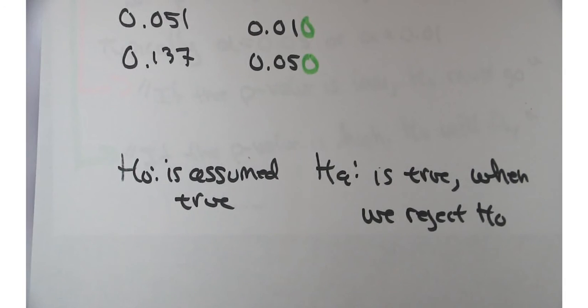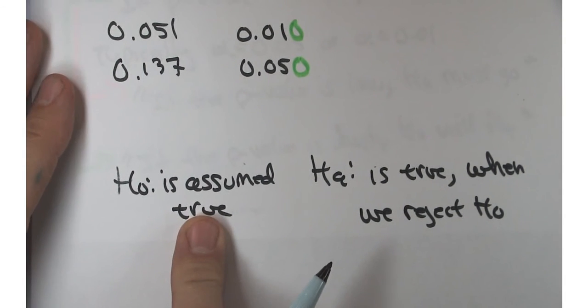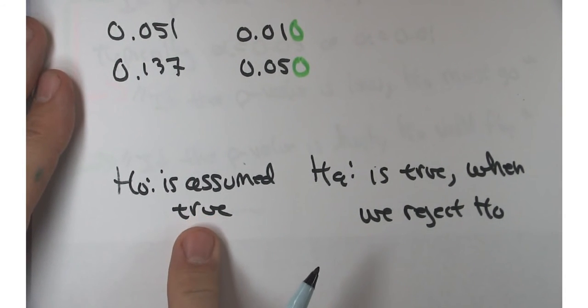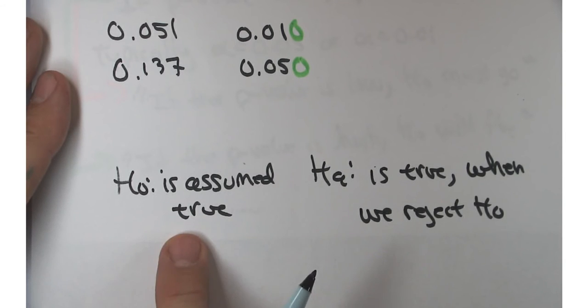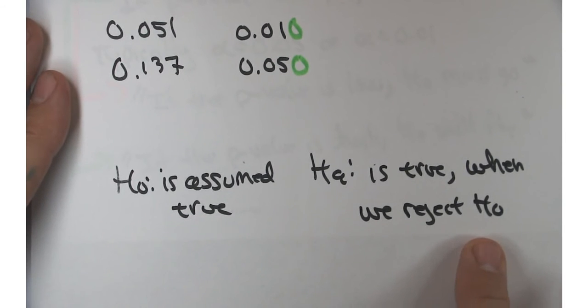So the fact that you can't reject H naught doesn't mean that it's true, any more than coming out of a jury trial proves you're innocent. No, you just weren't found guilty. It's not saying you were guilty, you just weren't found guilty. So here it's assumed true until proved otherwise.